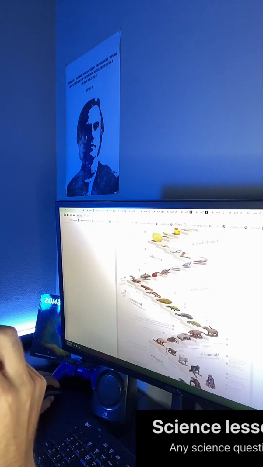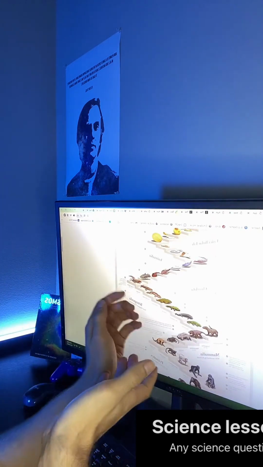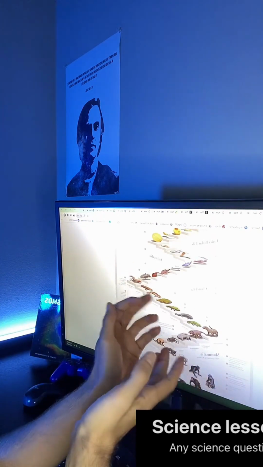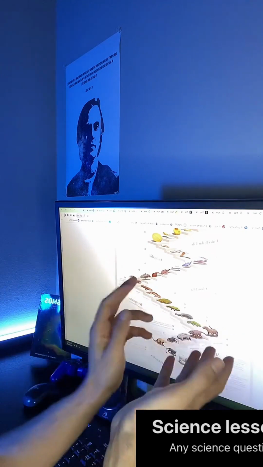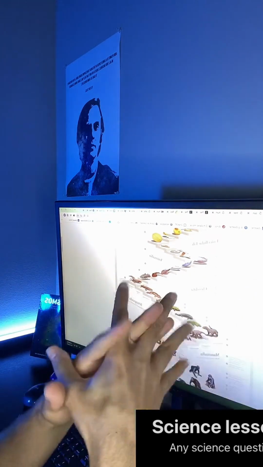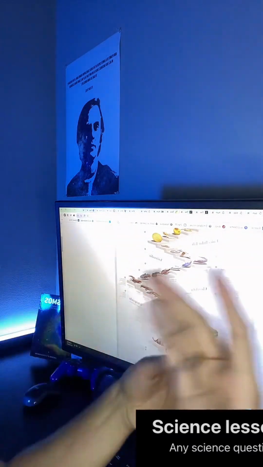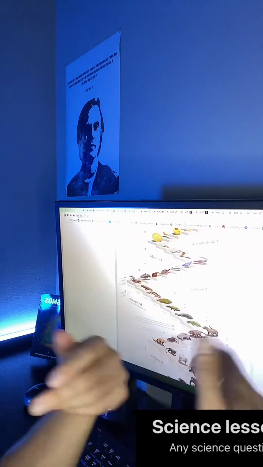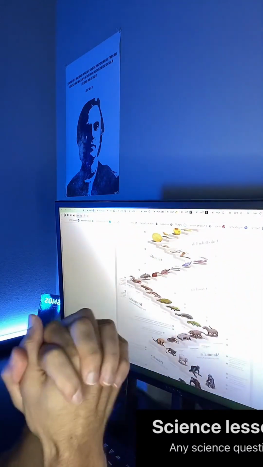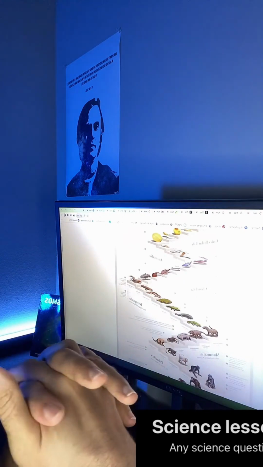And every land animal on the planet stems from what we think is Tiktaalik, which was about 400 million years ago, the first fish-like species that walked on land and had arms that could barely walk on land, mostly live in water, but could also live on land. And we think that they gave birth on land and was able to survive on the surface.